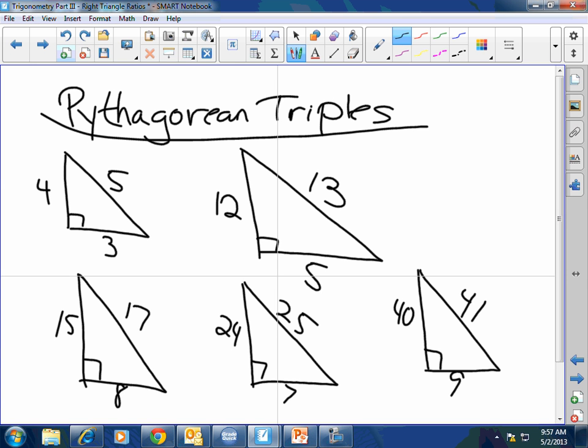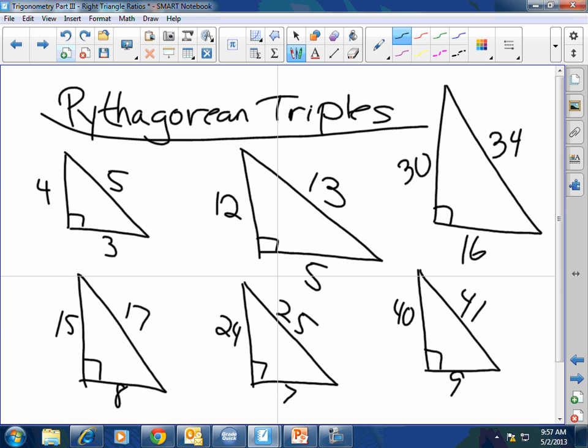For example, they'll give you 34 and 30. You can go ahead and do 34 squared minus 30 squared equals b squared. Or you could know that this is a 17, 15, 8 times 2, so that'd be 16. Yes, there is an infinite number of Pythagorean triples, guys, including fractional ones.